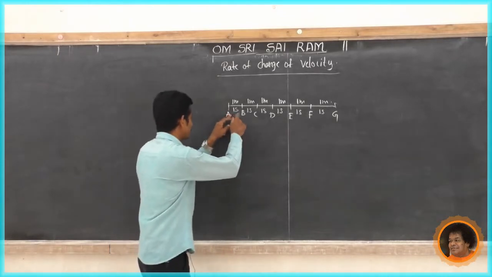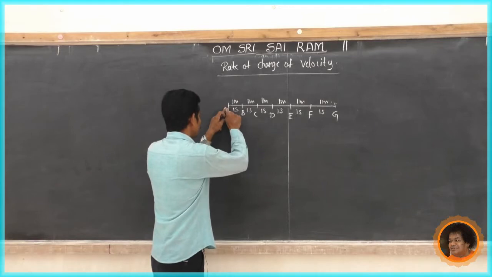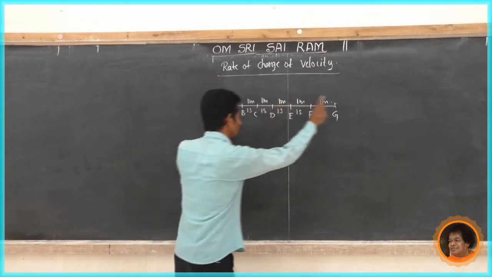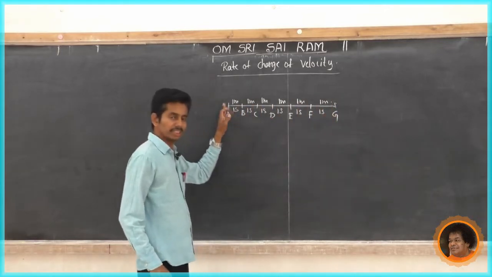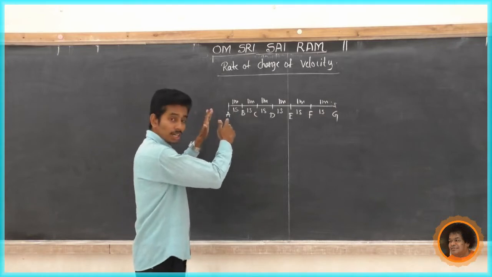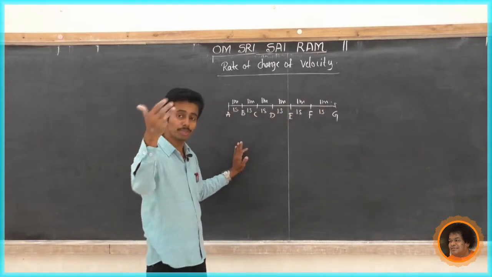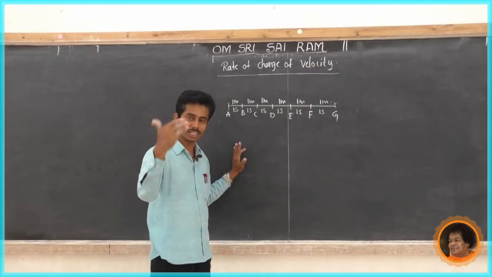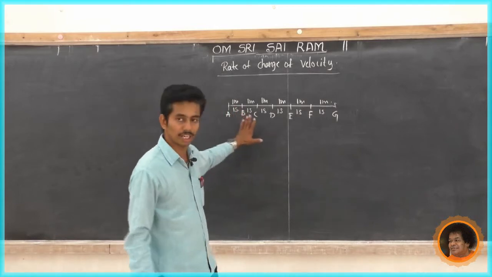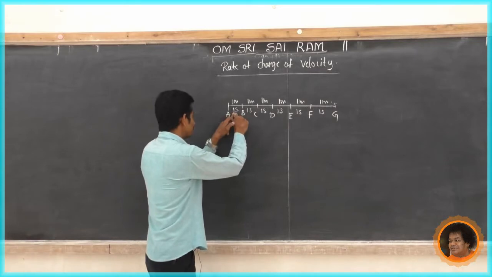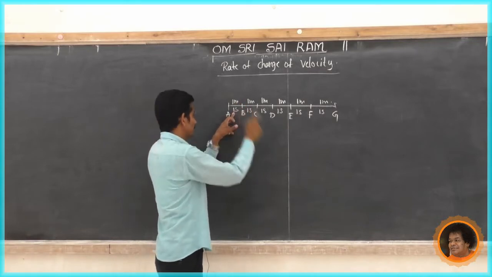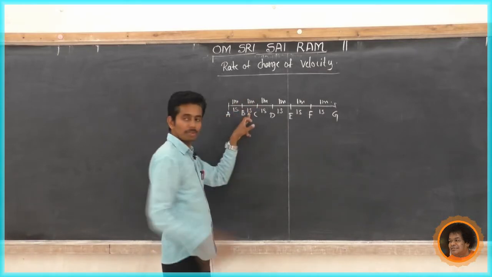Why is it always constant? Look at the example. A car moves A to G. This is a straight line. So the car moves along a straight line with uniform motion. What do you mean by uniform motion? It covers equal distance in equal intervals of time. In 1 second it covers 1 meter. Next 1 second it covers 1 meter.